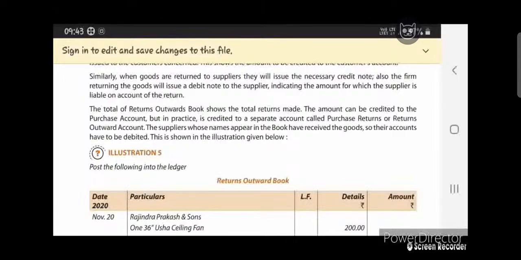So similarly, when you receive goods, you issue a credit note to that customer.